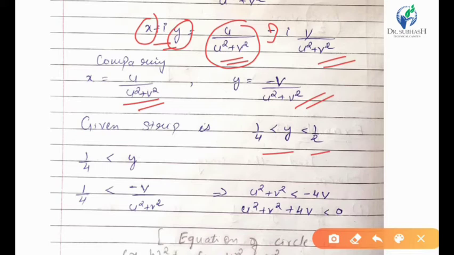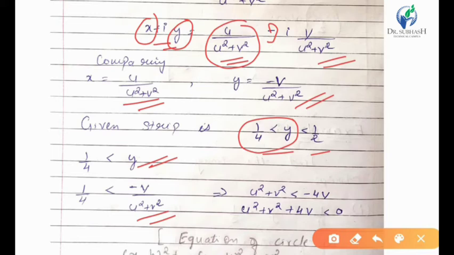See now, first we will take only one portion, 1 upon 4 less than y. We will divide this into two parts, that will be easier for us. Now what is the value of y? We have obtained here the value of y is minus v upon (u square plus v square). This we have obtained just now above. Now we will do cross multiplication.